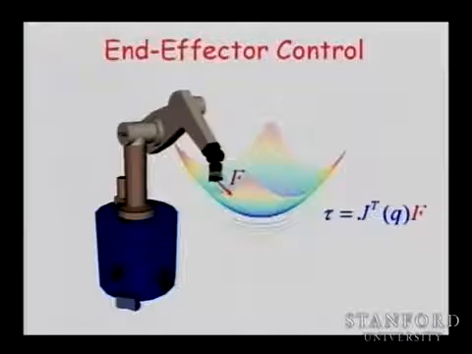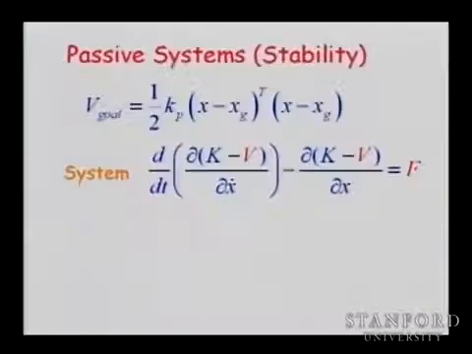So when we apply F to the system, essentially what we are doing is we are saying, I'm going to apply a force F, and this force F could be in many different ways. We are saying let's apply a gradient of a potential energy. So the gradient of the potential energy that depends on the goal is going to be 1/2 kp, this vector x minus x goal transpose x minus x goal.